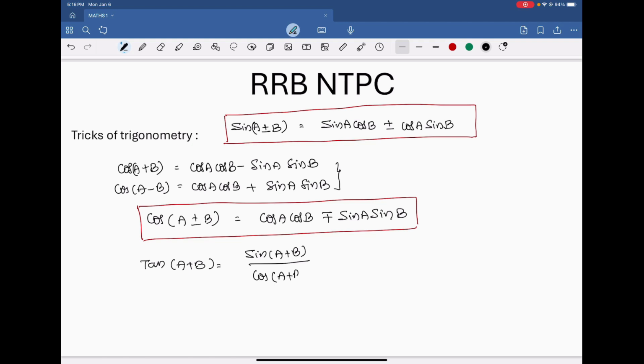That is equal to sin A cos B plus cos A sin B, whole divided by cos A cos B minus sin A sin B. This can be written finally in the form, after applying required algebra in trigonometric identity relations.